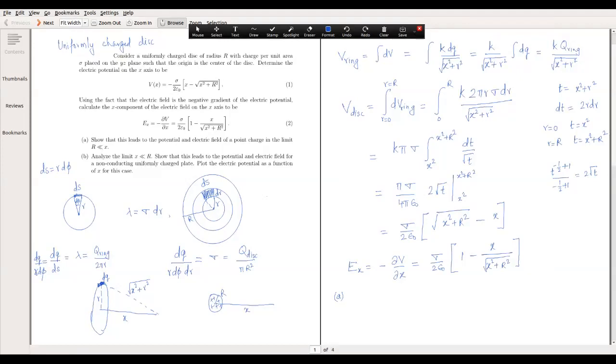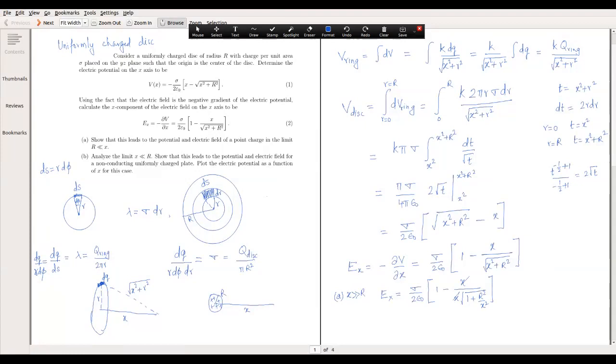Let's say x is significantly larger than the radius of the disk. In that case, the x component of the electric field is sigma over 2 epsilon naught times 1 minus, I should write this as x over, take the x out, and whatever is remaining is 1 plus r square over x square. That cancels away the x.